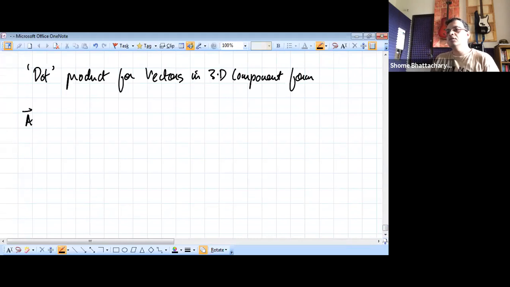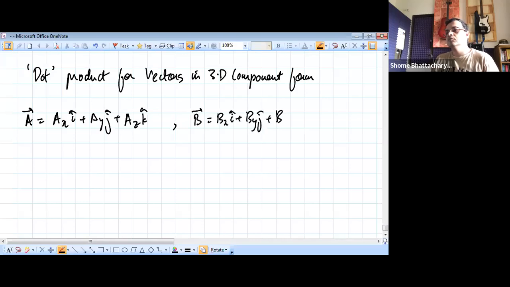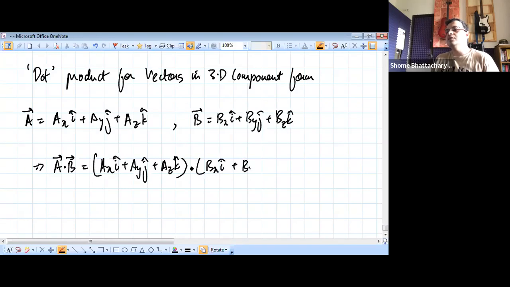So if A is given as X component plus Y component plus some Z component, and similarly the vector B has also got three components, this time when we do their dot product, you can see that it's the sum of 3 terms, dot product with the sum of 3 terms. So when you open it by distributive property, you will get in all how many terms?